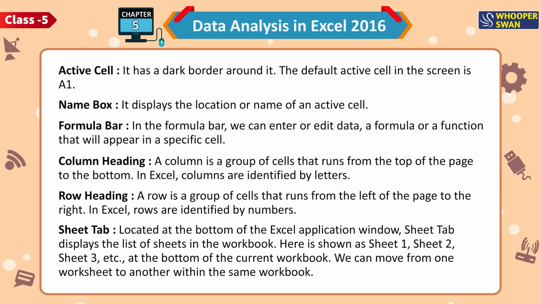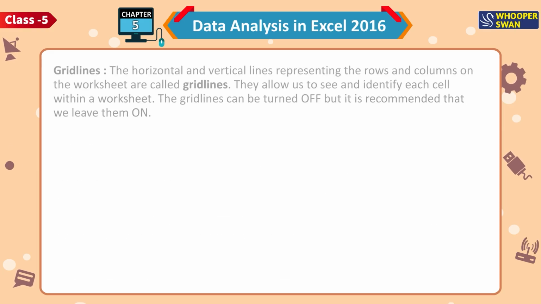Sheet tab. Located at the bottom of the Excel application window, Sheet tab displays the list of sheets in the workbook. Here it is shown as Sheet 1, Sheet 2, Sheet 3, etc. at the bottom of the current workbook. We can move from one worksheet to another within the same workbook.